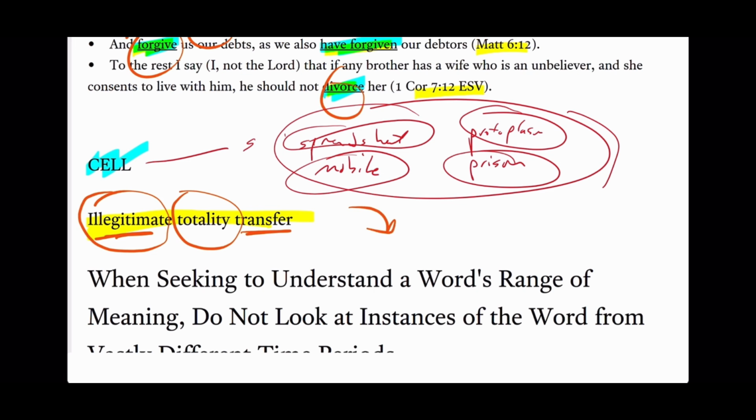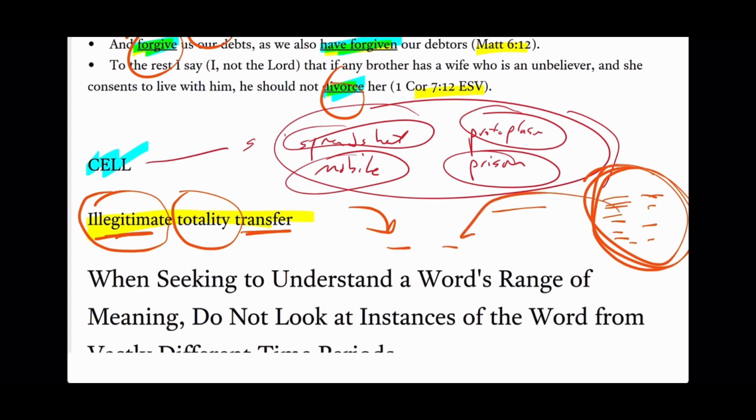Someone says, here the word in the Greek is this, and then they read the definition. What does this mean? And they read all these glosses from the lexicon. They're giving the range of meaning for what that word means. But that doesn't mean each instance of the word is infused with all of those possible meanings. Language does not work that way, right?